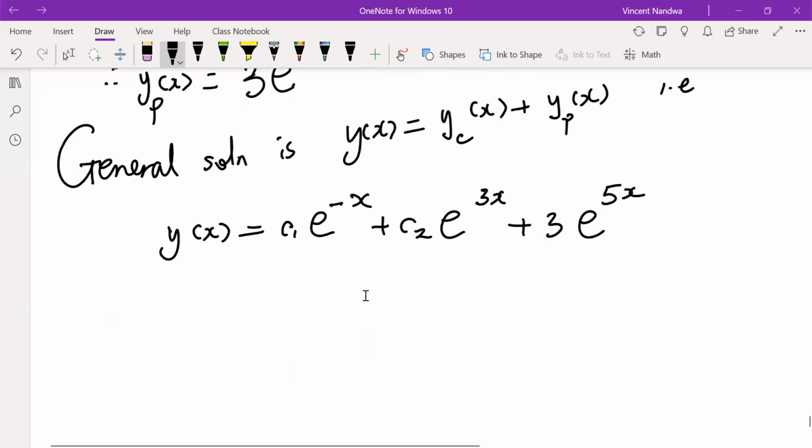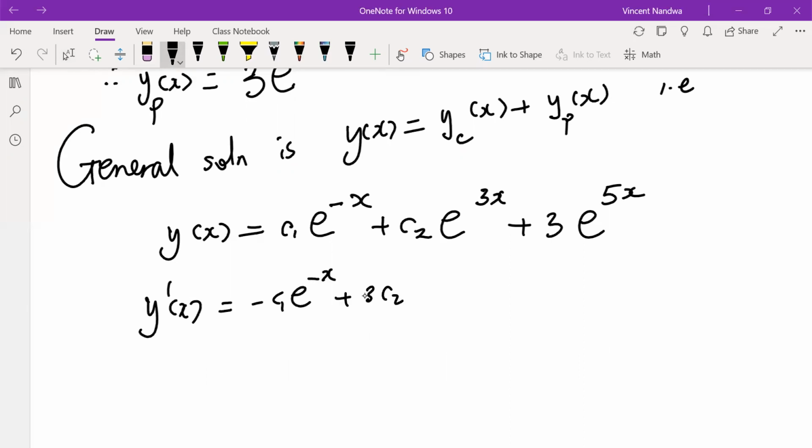So the initial conditions given will help us to find the values of the unknowns c1 and c2. So let's first get the derivative of this function. We'll get negative c1 e raised power minus x plus 3c2 e raised power 3x plus 15 e raised power 5x.